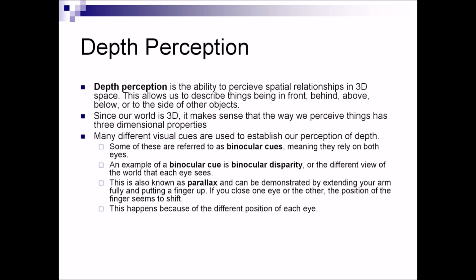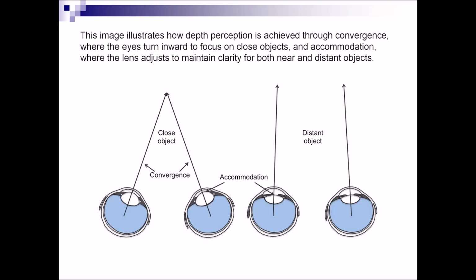This happens because of the different position of each eye. The image below illustrates how depth perception is achieved through convergence, where the eyes turn inward to focus on close objects, as well as accommodation, where the lens adjusts to maintain clarity for both near and distant objects.